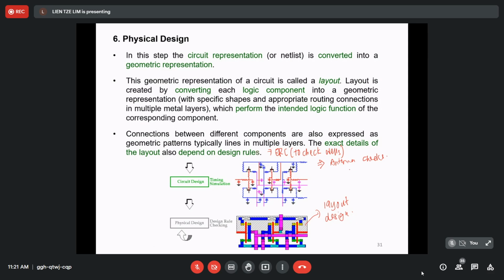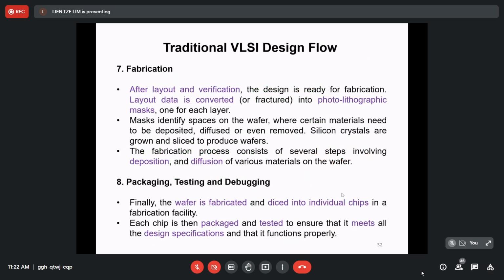After the layout design has passed all the checking, then only can it be simulated using SPICE to verify the circuit operations. After the layout design has been verified correctly, it can be brought to fabricate the real IC.